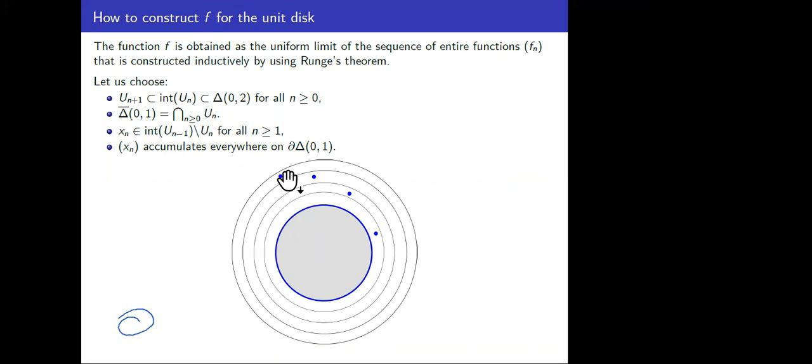So this is going to be your x1. This is U0, this is U1, this is U2. This is x2, x3, x4, and so on, and they accumulate everywhere on the boundary eventually. What I want to emphasize is that x2 is contained in U1 but not in U2, and x3 is contained in U2 but not in U3, and so on.